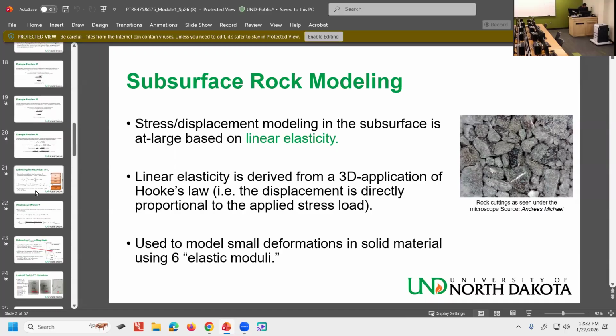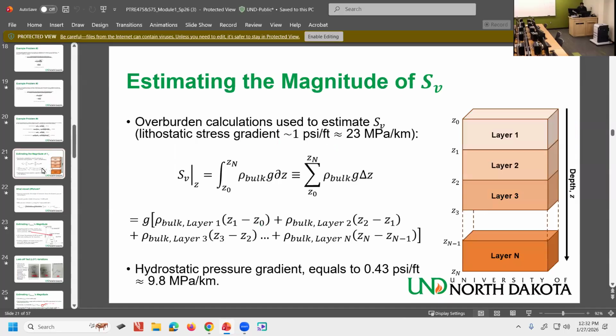Let's see, last time we went through quite a bit of material. We talked about how to estimate the magnitude of the overburden, SV, and we discussed how you do that. It's basically a simple mathematical approximation, but it's a complicated process to get those values. For you guys, if they give you those values, it's easy.